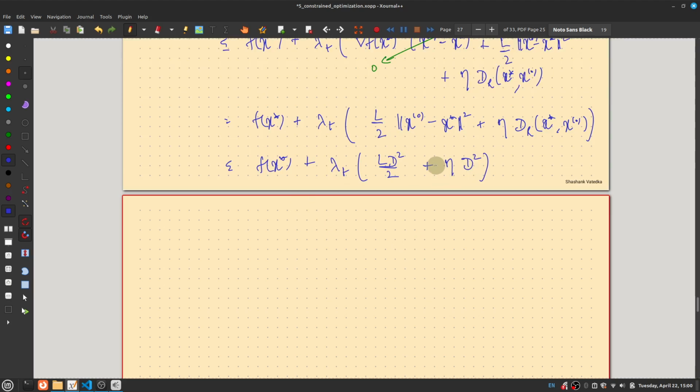Now eta is kind of a free parameter that I have not chosen yet. You can think of it as a hyperparameter, if you will. So if I chose eta to be equal to L by 2, then this quantity is basically equal to f of x star plus lambda t times L d square. Correct? But what do I know about lambda t?